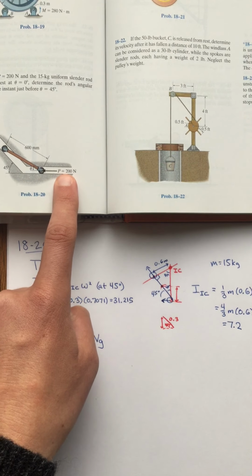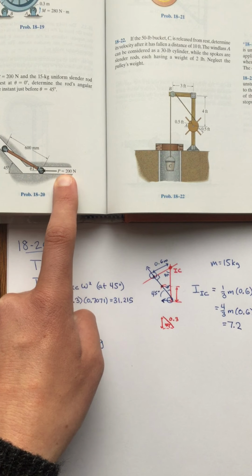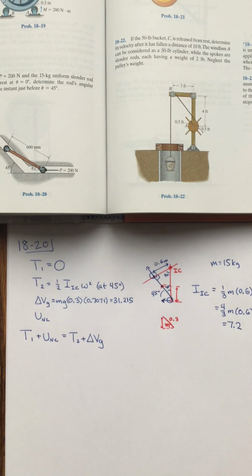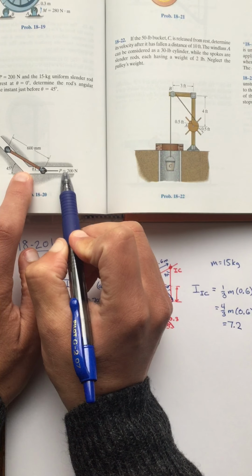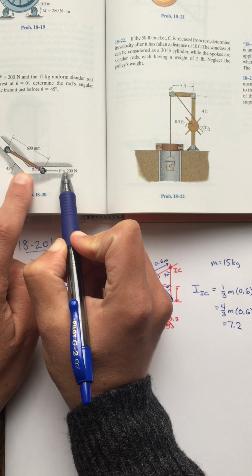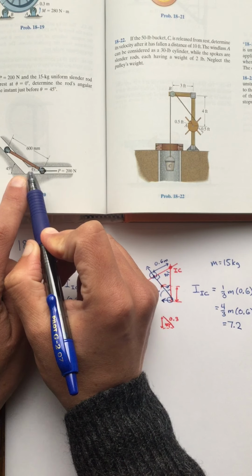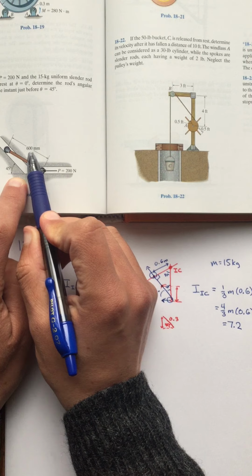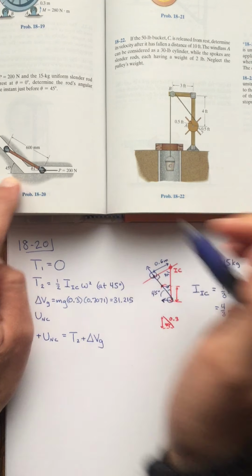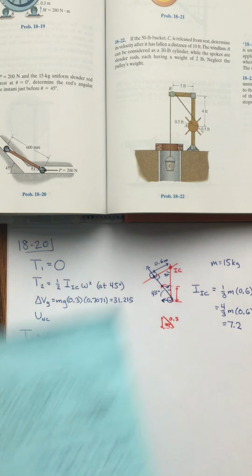Then I have to find the work done by non-conservative forces. So I have a force P here. It's a 200 Newton force, and if the rod starts off horizontal, then roller A is going to be a distance of 600 millimeters away from its final position. So roller A moves through a distance of 600 millimeters, which is 0.6 meters, with a 200 Newton force acting on it.